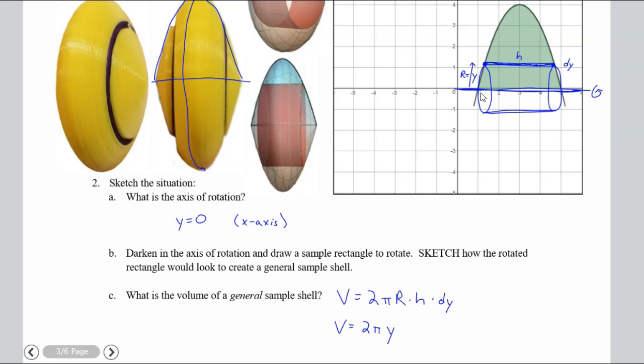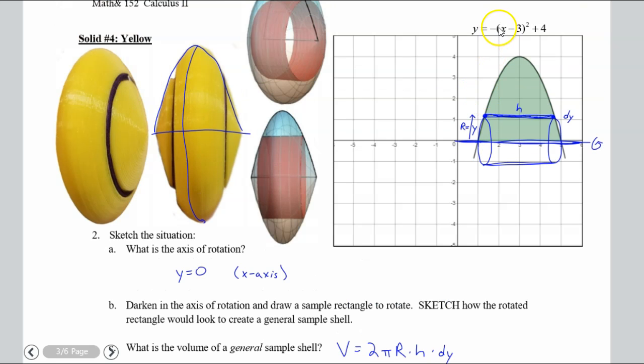And you don't want to put in the definition of the function, right? So you don't want to change that into this function definition, because everything is going to need to be in terms of y for this dy. So we already have it as y. There's no need to change it into x for any reason right there. However, the height, we are going to need to change that in terms of y.